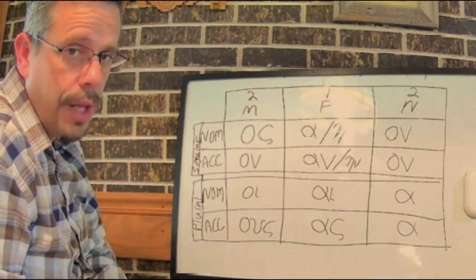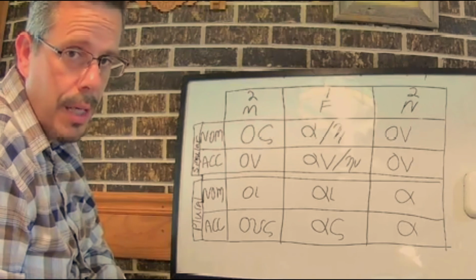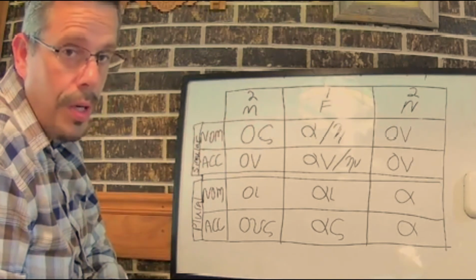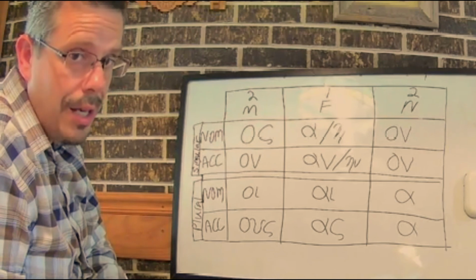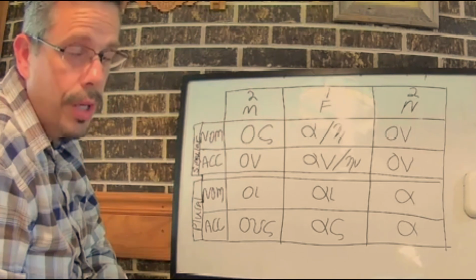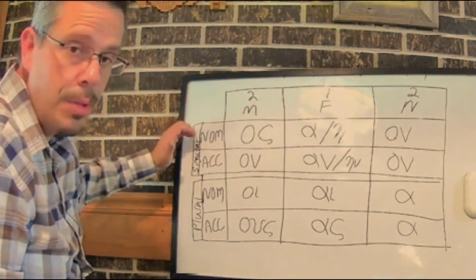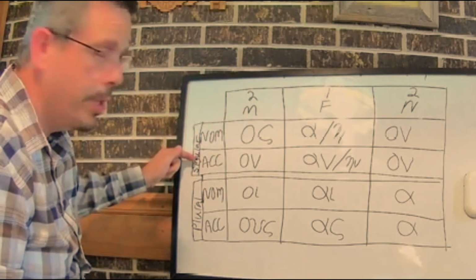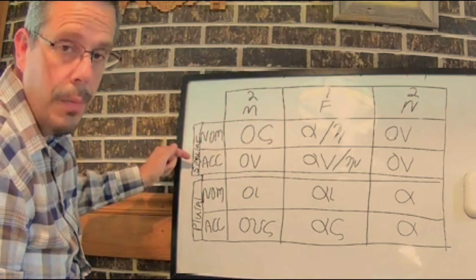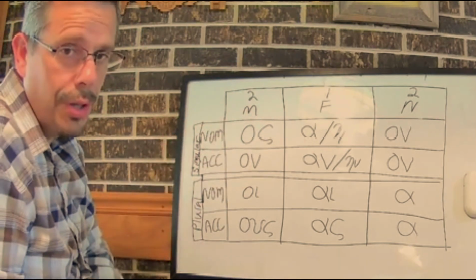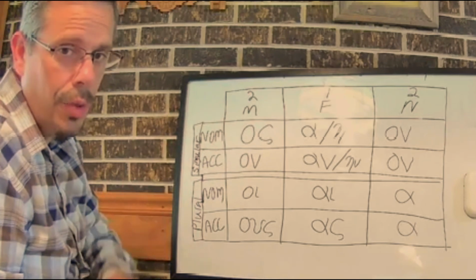So I would just make some flashcards, and you should be able to recognize them immediately. You should be able to fill in the chart as we go. All right, so now you know all of the case endings for the nominative and accusative. Nominative being the subject or predicate nominative of the sentence. The accusative being the direct object of the sentence. You know them for all three genders, and you know them for singular and plural. All right, good work. Keep learning.